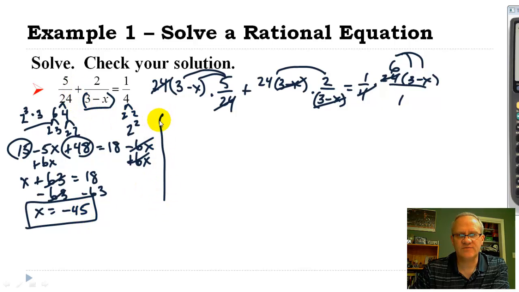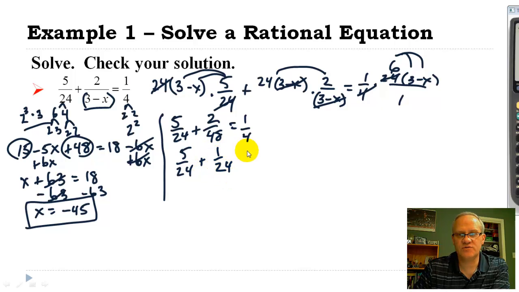So you've got your 5/24 plus, and then if you plug negative 45 in here for x, that's really plus, minus a negative, which is plus a positive, so that's 2/48 equals 1/4. We could reduce this fraction here, so 5/24 plus 1/24.